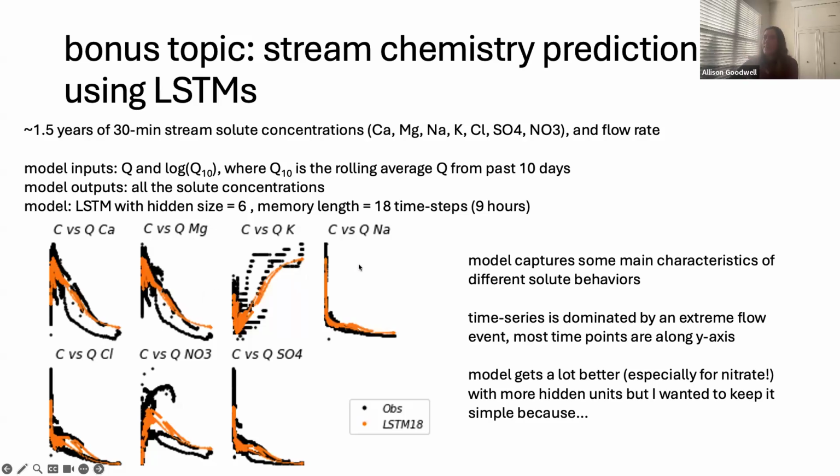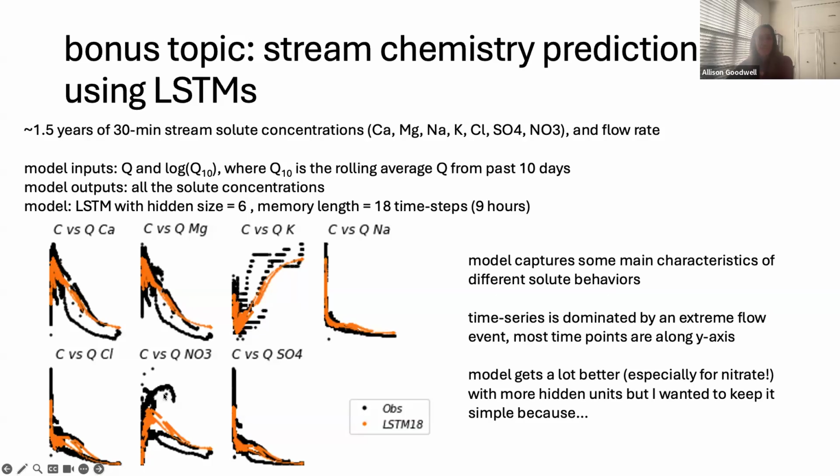You can see that it's maybe not the most fabulous model, but it captures some main characteristics of the different solute behaviors. The key thing about potassium, for example, is that it mobilizes during this massive flow event that happened in October of 2021. All the other solutes tend to dilute.